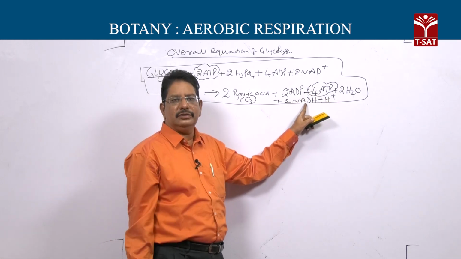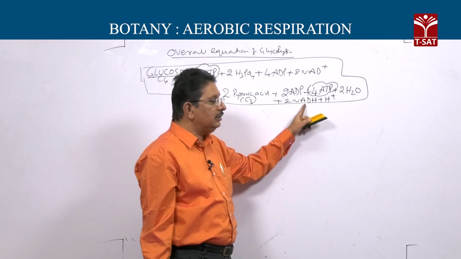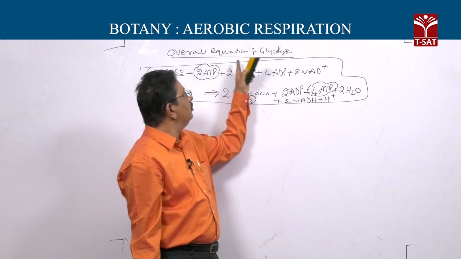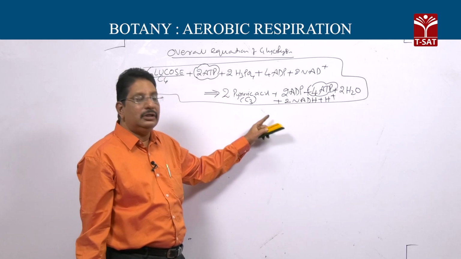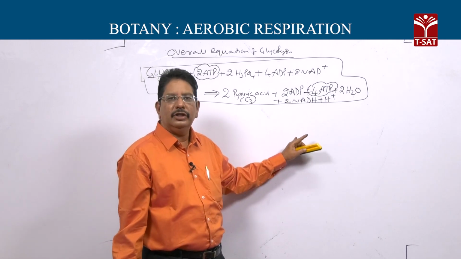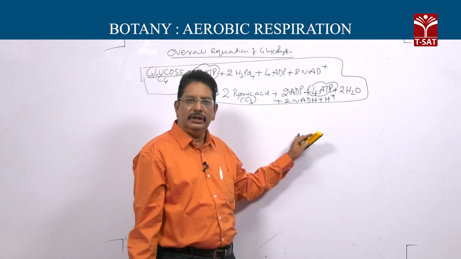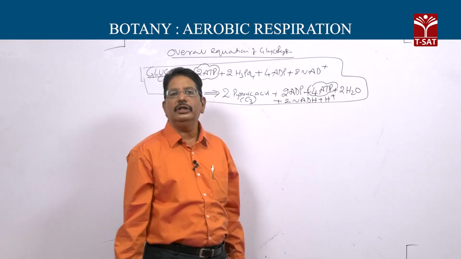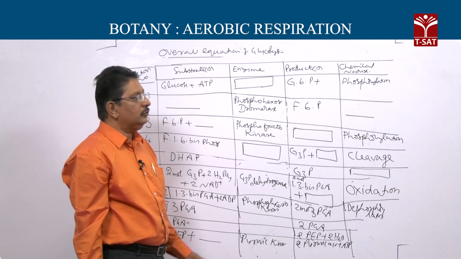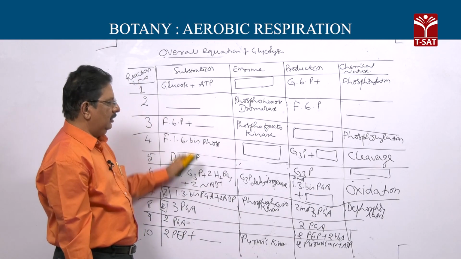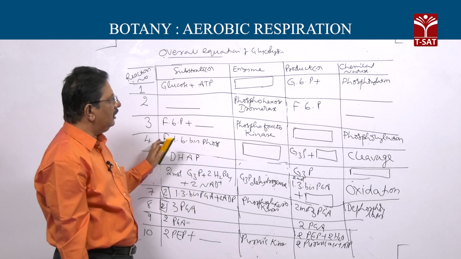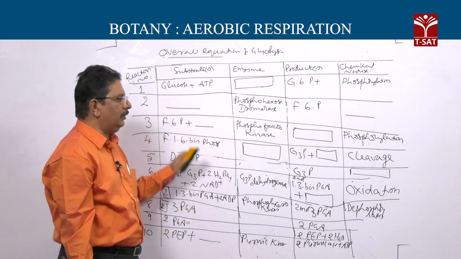If oxygen is available, these NADHs formed in glycolysis take part in oxidative phosphorylation through ETS, then they also yield ATP. So let us take the detailed list of reactions that occur during this EMP pathway.